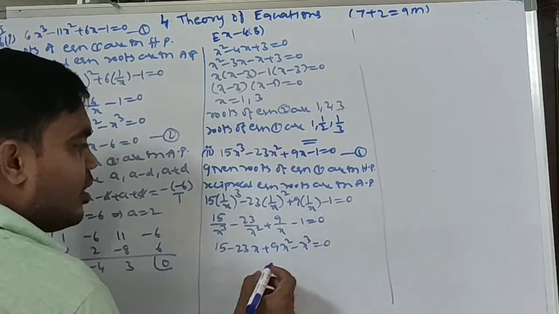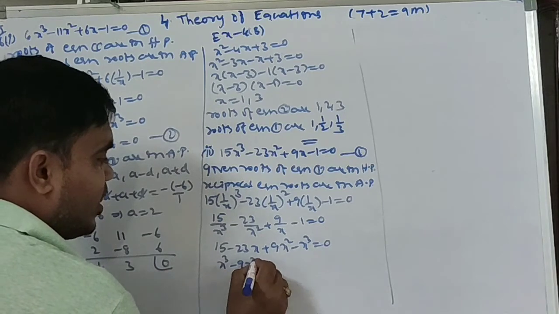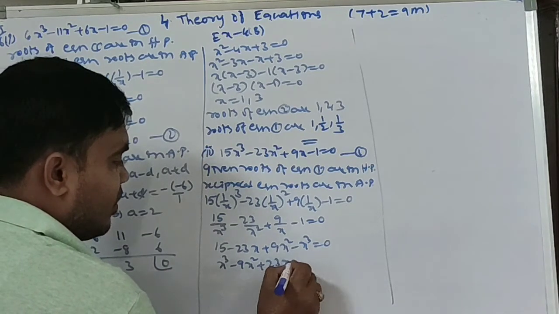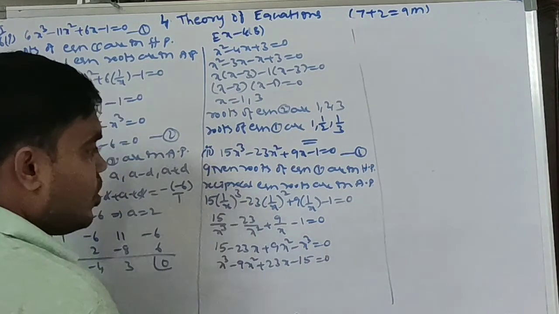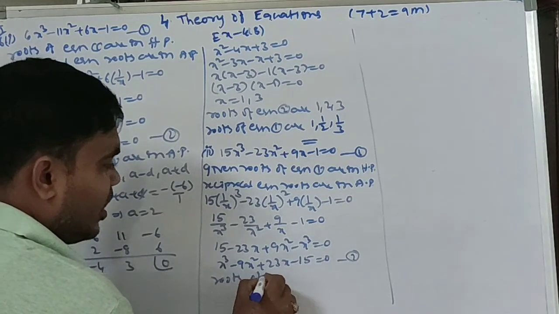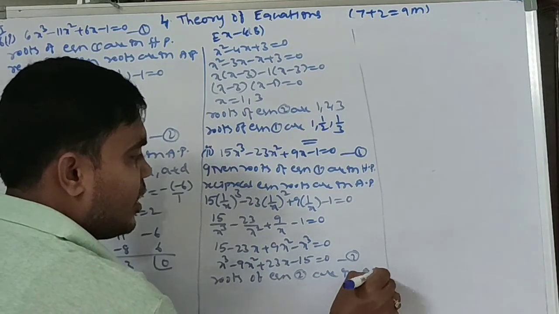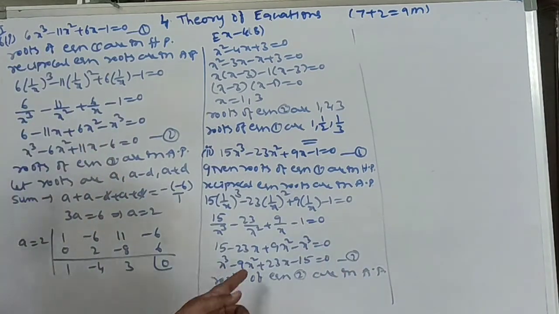Now I take minus common and bring it outside: x cube minus 9x square plus 23x minus 15 equal to 0. This is equation 2, and its roots are in AP.